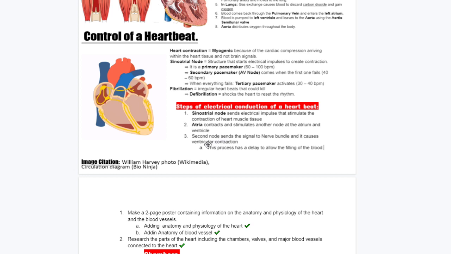After that, the second node sends the signals to the nerve and bundle, causing the ventricular contraction. This process is extremely delayed to allow the blood to fill in and fill out. So it fills in here and pumps, exits, fills in, and repeats.